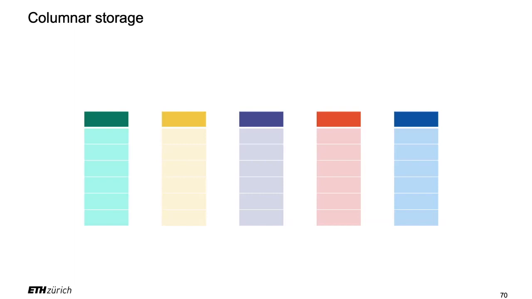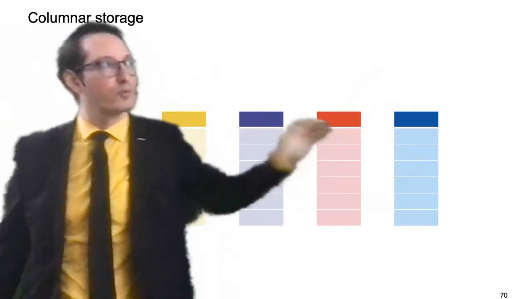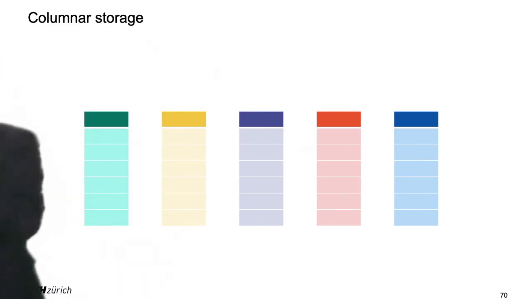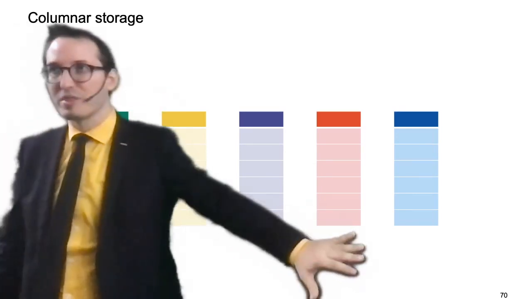And storing column-wise is absolutely excellent for performance. Why? Because you only look at the columns you need. Imagine that I have a query that only needs these 2 columns, and I don't need these 3. Then I just ignore these 3 and only read here. My I/O, the data that gets read from the disk and the data sent over the network, is much smaller than if I read everything.